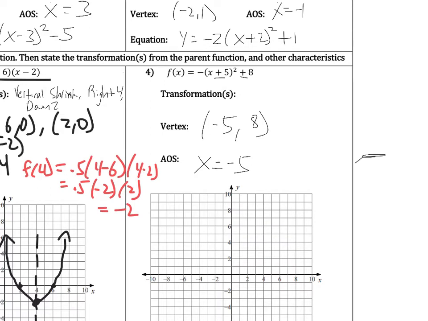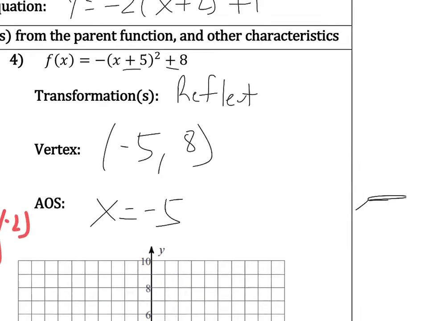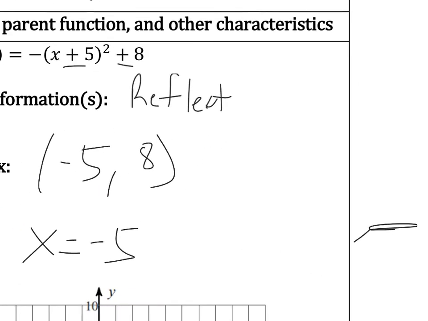And so this is flipped, or reflected vertically, because of the negative in front right here. So reflected over the x-axis. And then it's left 5 and up 8.